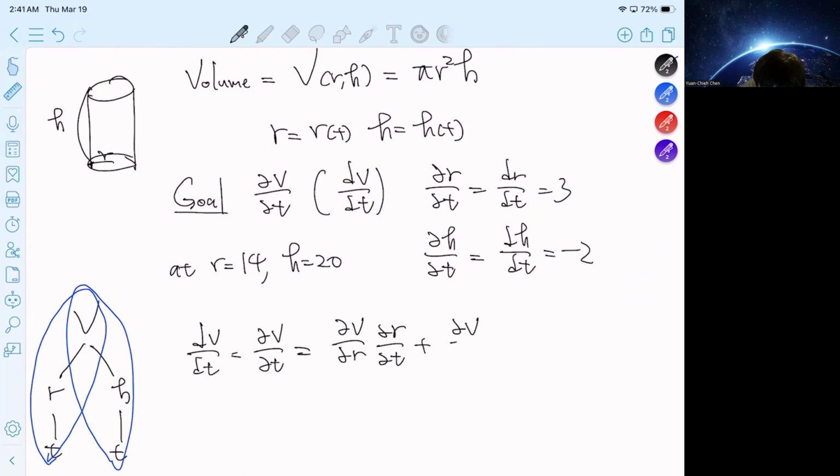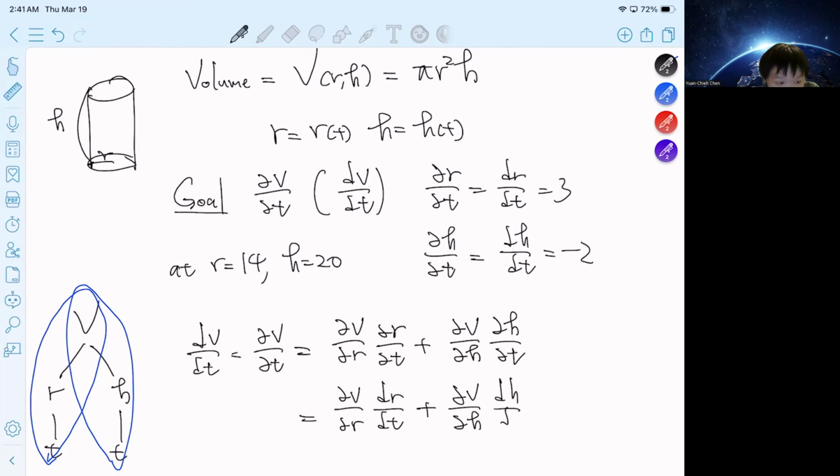Second path, partial V, partial H, partial H, partial T. So we write everything in terms of one variable: partial V, partial R, dr dt, plus partial V, partial H, dH dt.